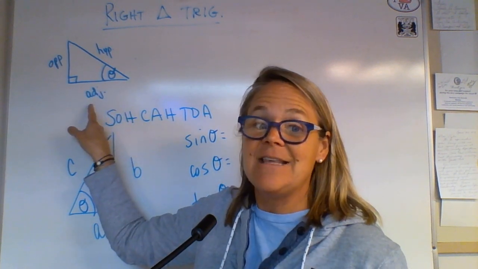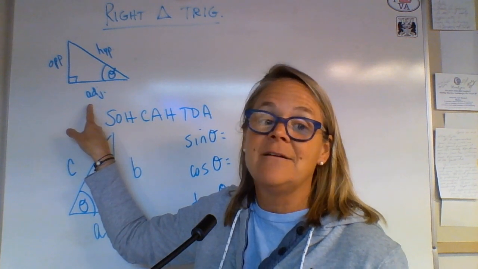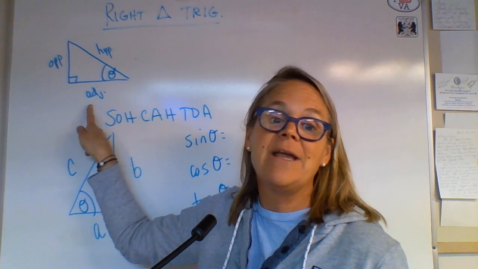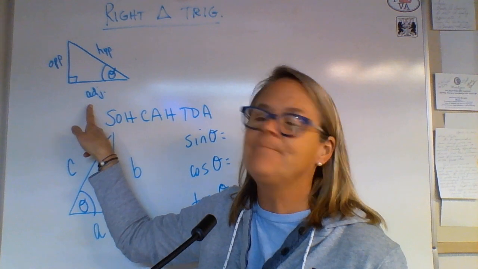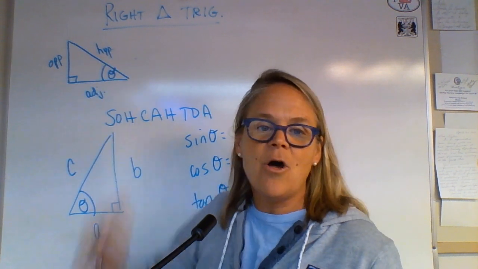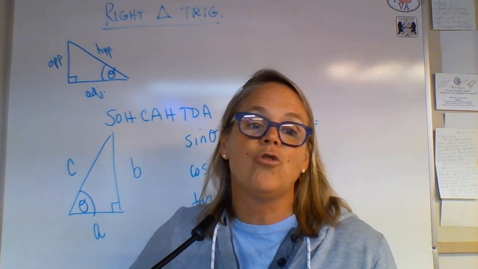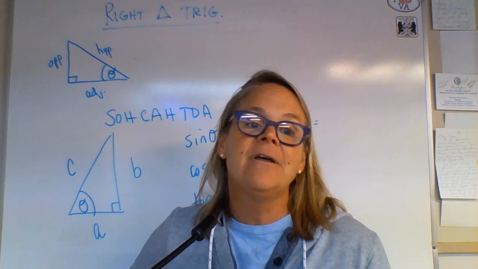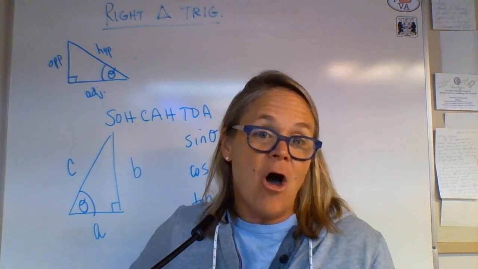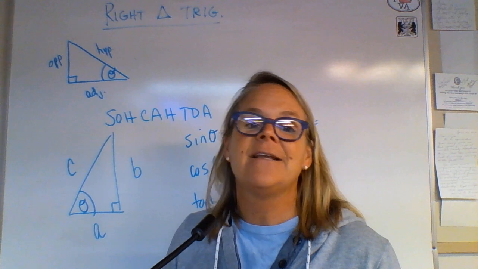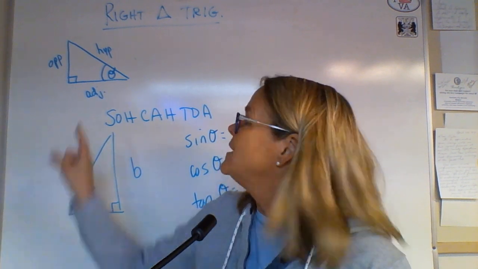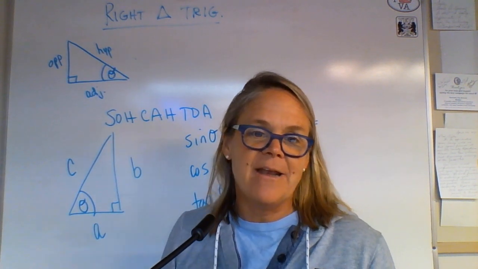That side is the adjacent, which means next to, because it's next to the angle. Hypotenuse is always the side that is across from the right angle. I know people will say it's the longest side, it's the slanted side. The best definition, it's across from the right angle.